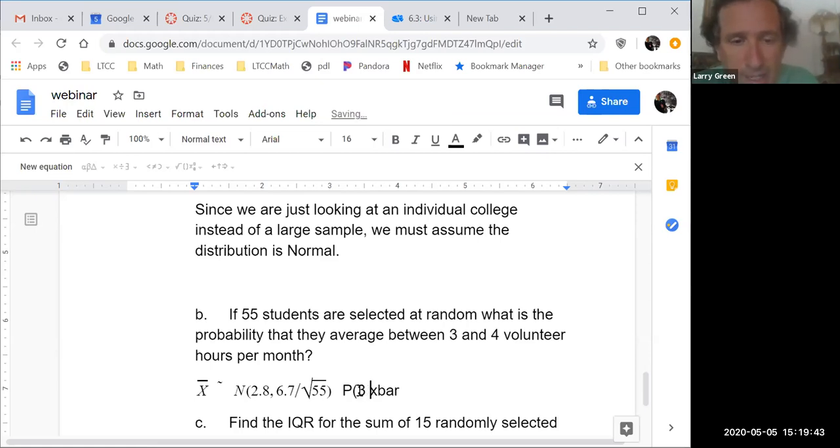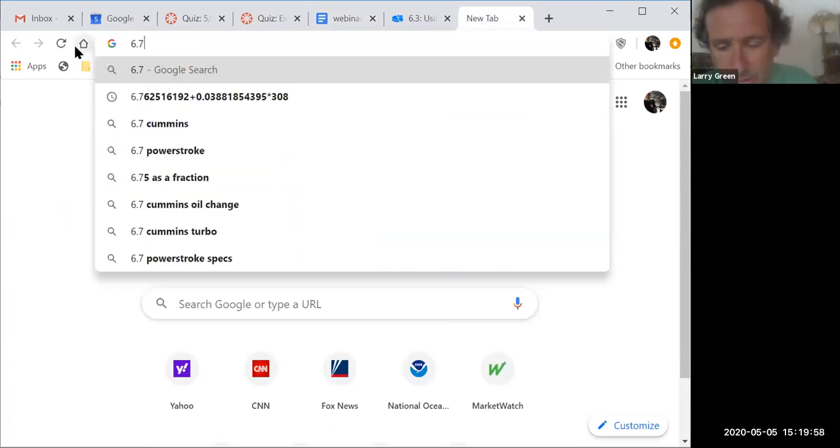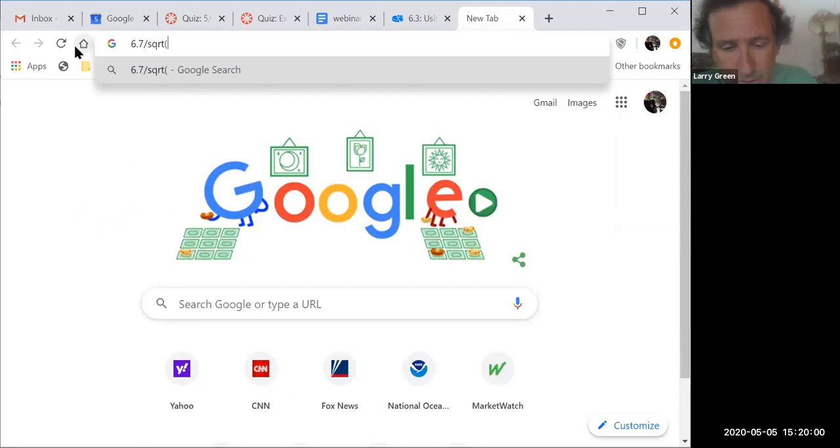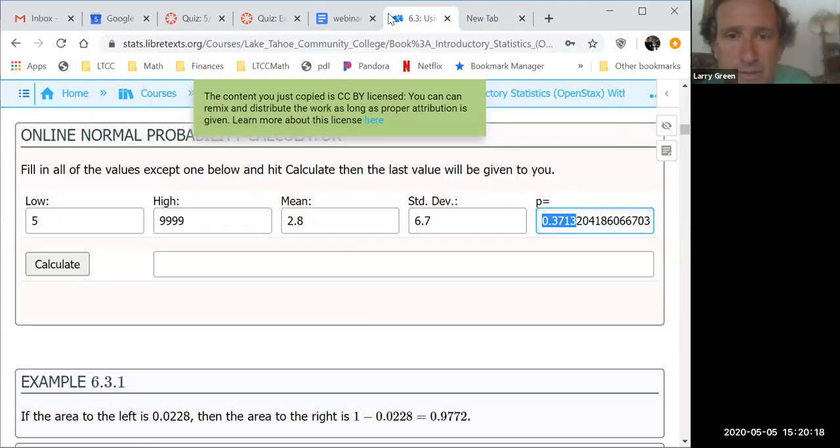So I can go 3 less than X bar less than 4. Okay, I need to get this 6.7 over root 55. Let's pop that into Google and get 0.9034, which is good enough. Any questions so far?